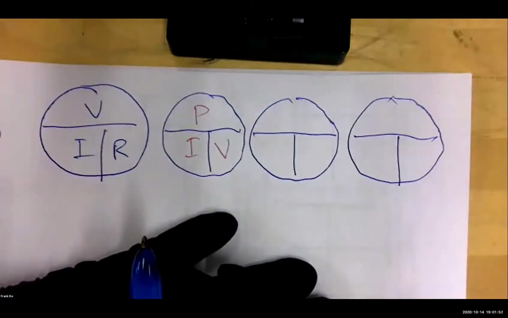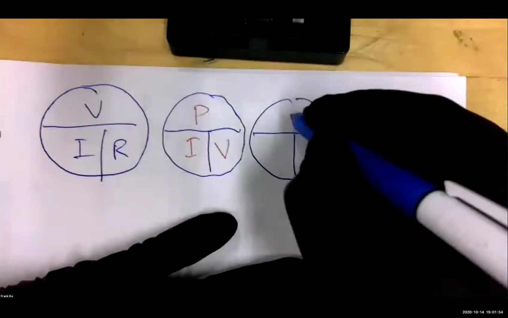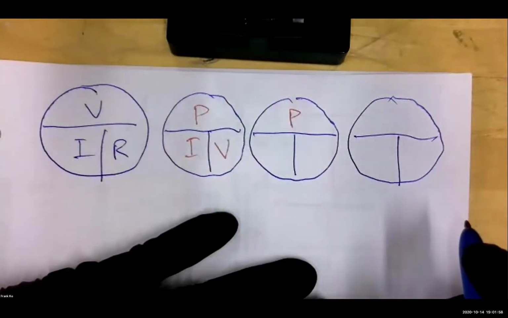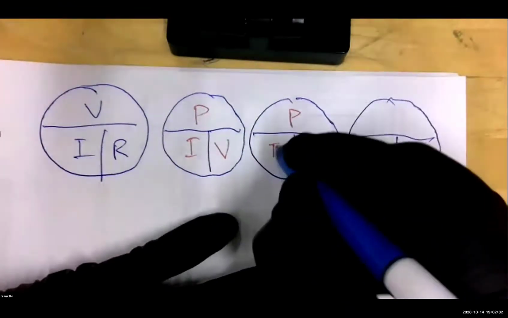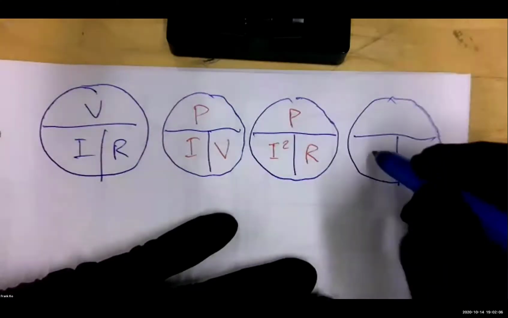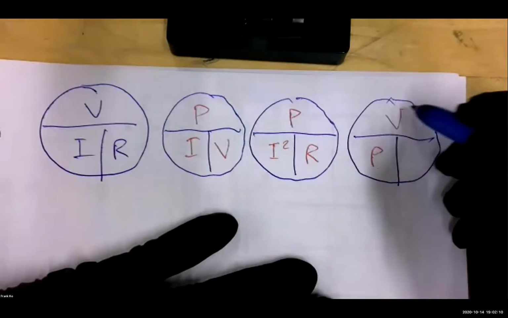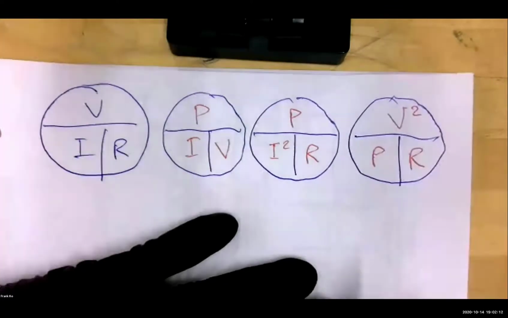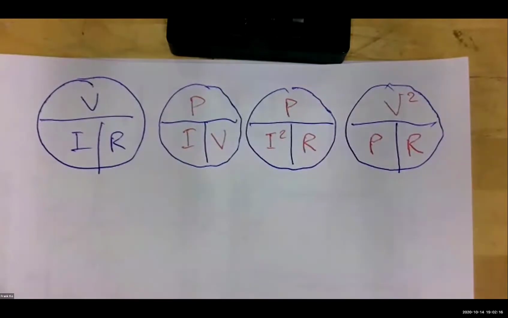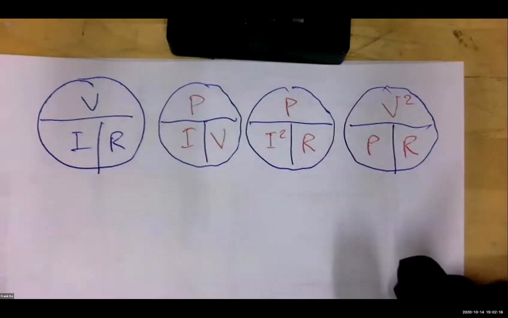What's the next one? P what? Come on, you guys were in 50 not that long ago. Somebody give this to me. I squared R. Then the next one has a P here. V squared over R. There you go. Thank you for remembering. That was a quick test.